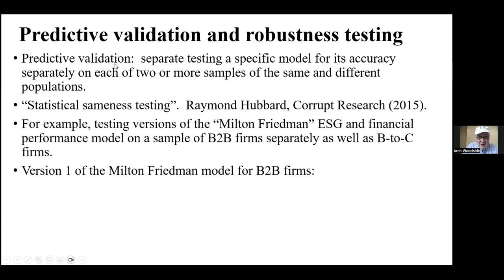So version 1 of the model for B2B firms would be this, where the firm does comparatively poorly on the social condition, such as they don't pay their employees well, they don't give them benefits, they don't give them health care, and they view employees as a cost that really needs to be controlled. Walt Disney, for example, has been famous for this, and Amazon has had pretty low salaries and benefits.